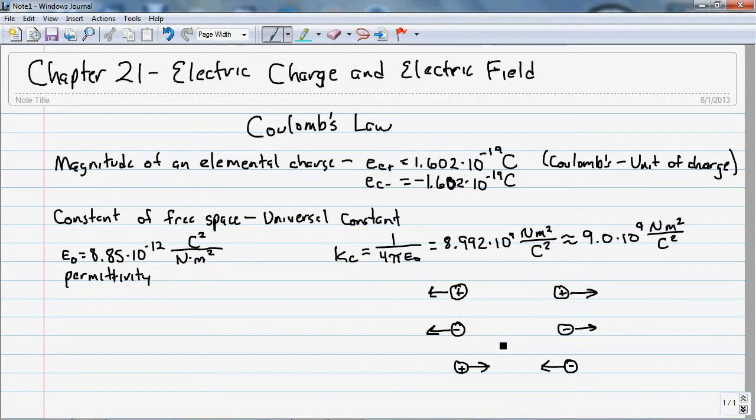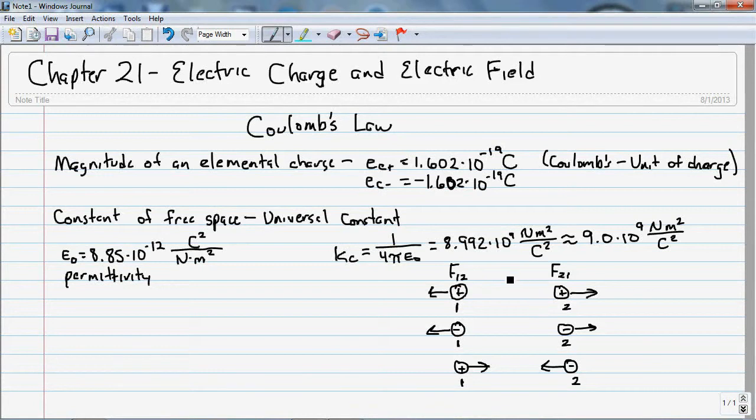Now our subscripts are going to be very, very important here. So let's say this is charge 1 and charge 2, for each of these different sets. We're going to have force with a subscript 1, 2 on this side, and on the other side it's going to be the force with subscript 2, 1.